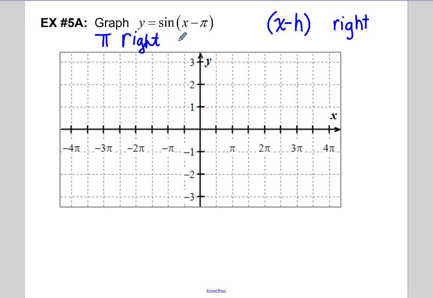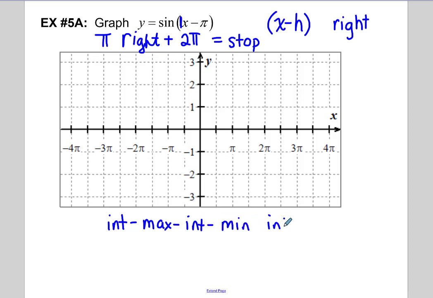That's going to be my starting point. So we're going to start at pi. And if you think about the period being 2 pi divided by b, and our b value is 1, then if you add the starting point to the period, you'll get the stopping place. So you can think about the pattern as intercept, max, intercept, min, intercept.